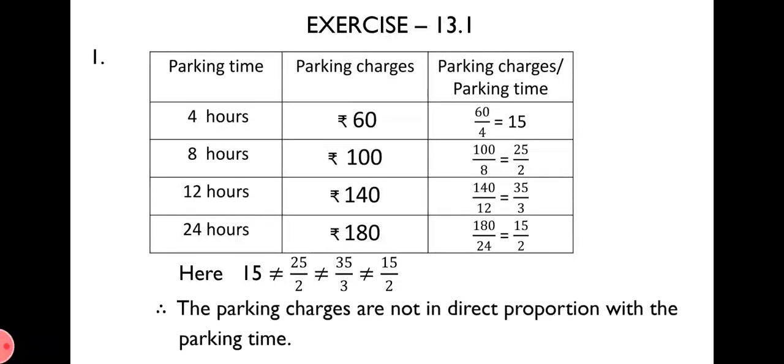Therefore, the parking charges are not in direct proportion with the parking time. It is compulsory that if we get the corresponding ratios constant, the same number, then only it is in direct proportion, or else it is not. Here as all the ratios are different, it is not in direct proportion.